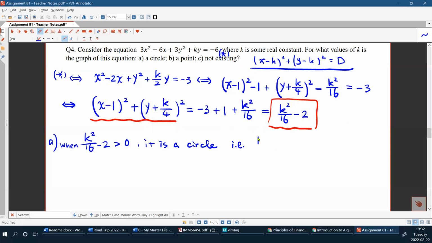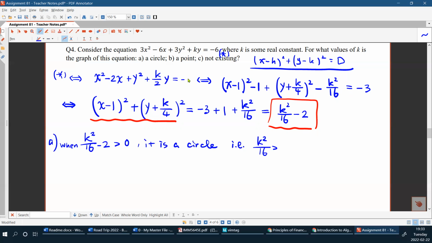Which means k squared over 16 must be greater than... Excuse me, let me check. I made a mistake, sorry. This should be -2, right? Not -3.